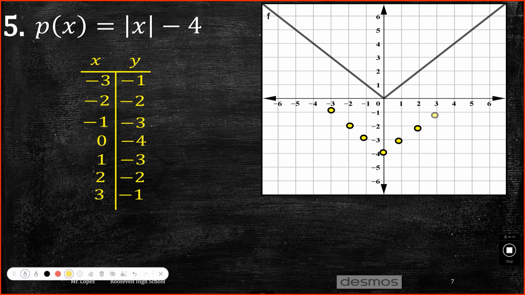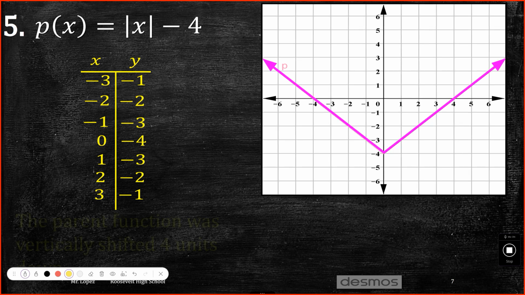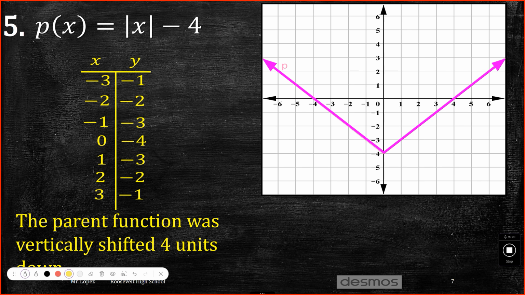And there it is. So when it's not inside of the absolute value but outside, it will directly do a shift down. So this point will be shifted 1, 2, 3, 4 down. It's going to be shifted down 4. The parent function was vertically shifted down 4.